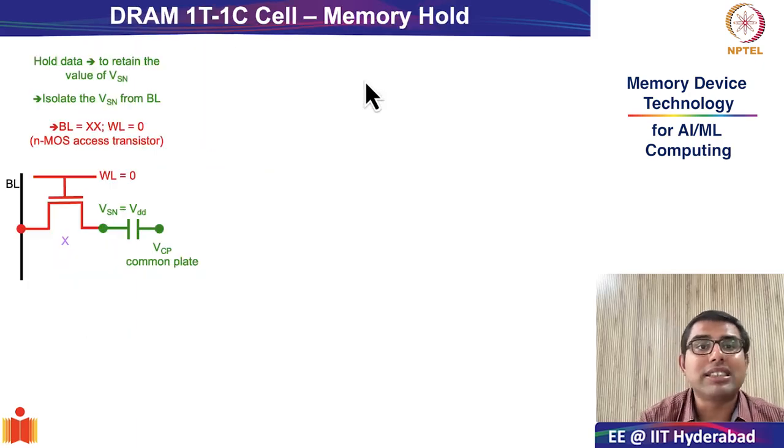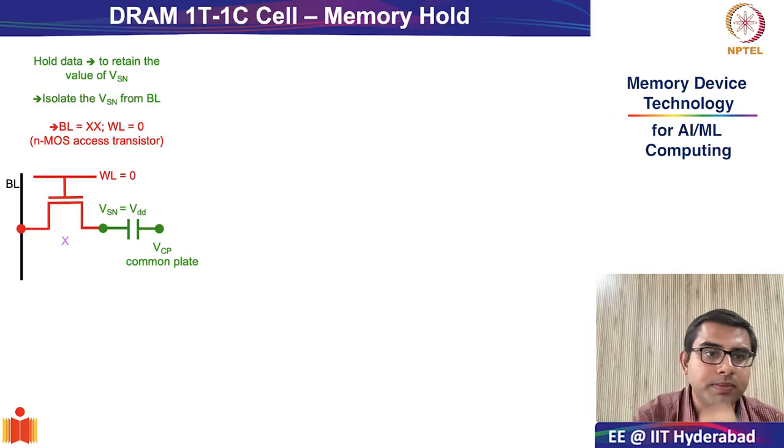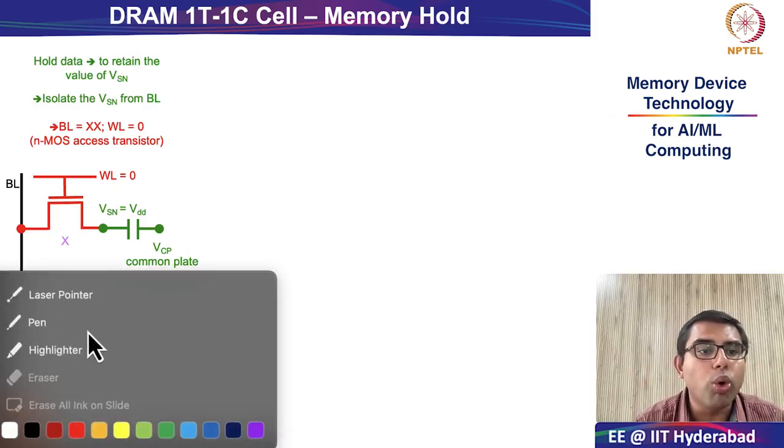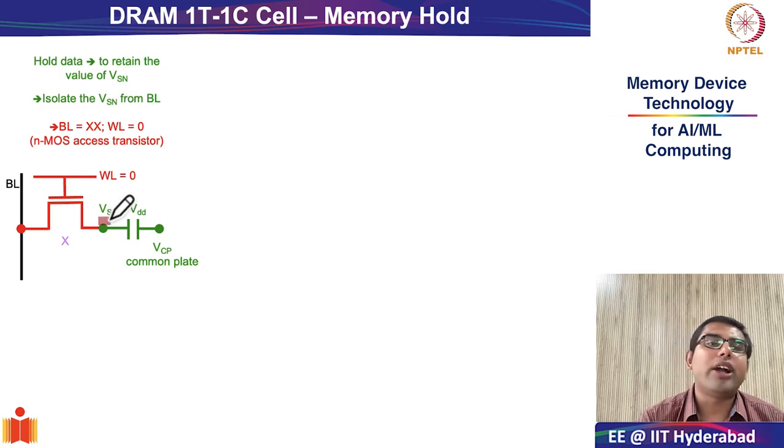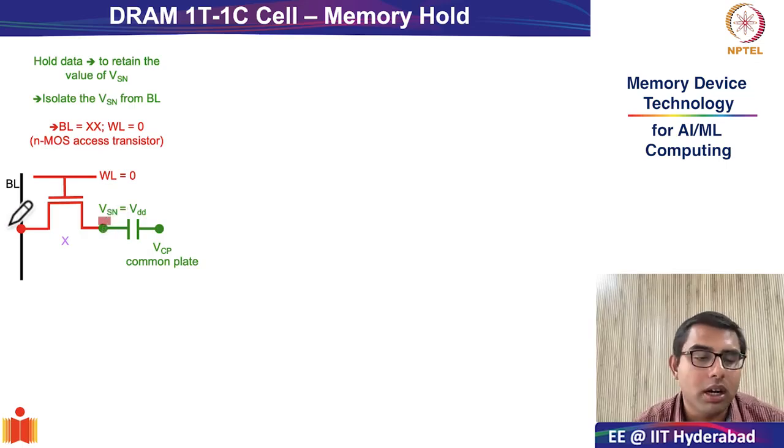The next thing that we will study is the most vital operation, which is your memory hold operation. As you know, in the memory hold operation, the philosophy is very simple. The idea is that you need to hold on to the value which is written on the storage node, and to do that, you have to completely disconnect the storage node from the bit line, or you have to decouple the storage node from the bit line.